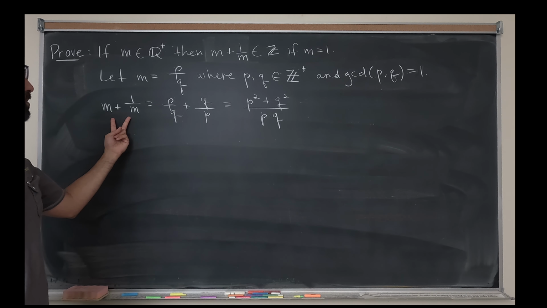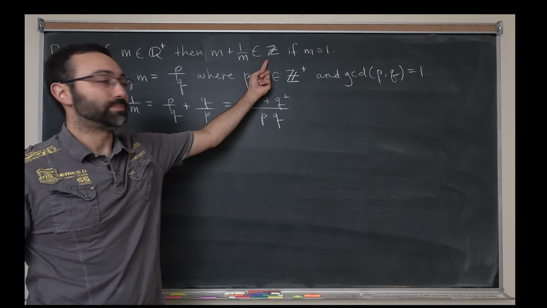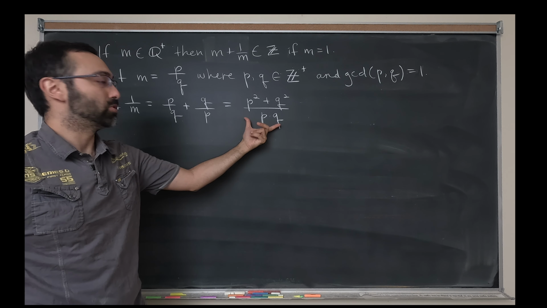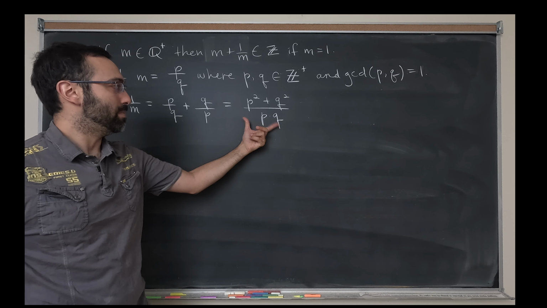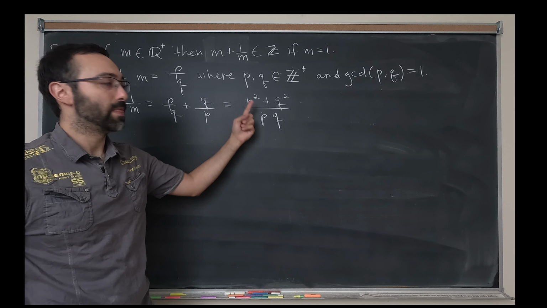Now, for m plus 1 over m to be an integer, in other words, for this to be an integer, that means p divides the numerator as well as q.